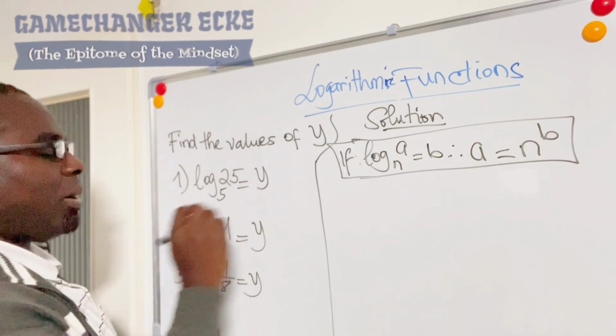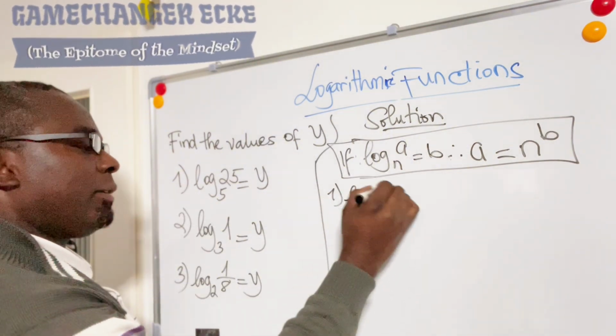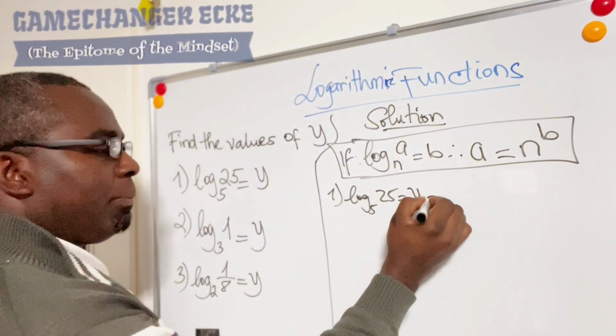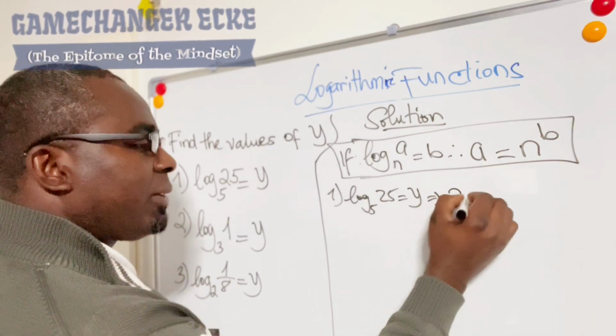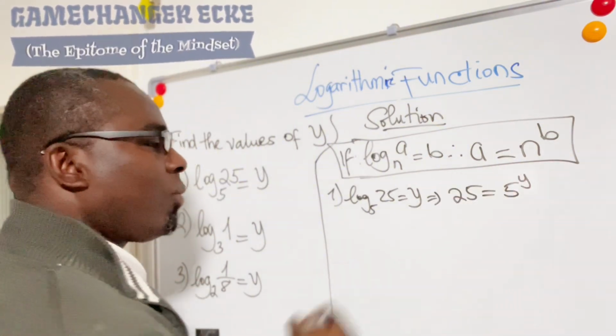So in problem number 1, the log of 25 to the base 5 is equal to y, implies we now say 25 is equal to 5 to the power y.